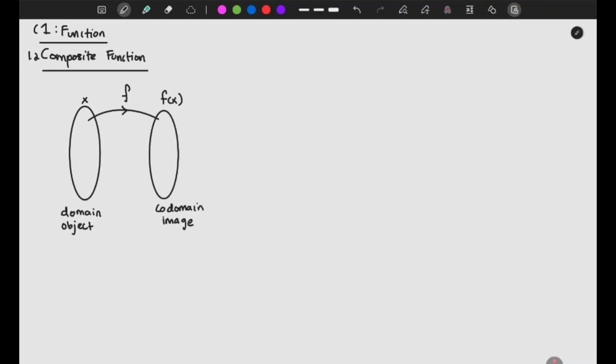And composite function is something same, but you have another one more partner extra that link from here to here. And it can be anything.